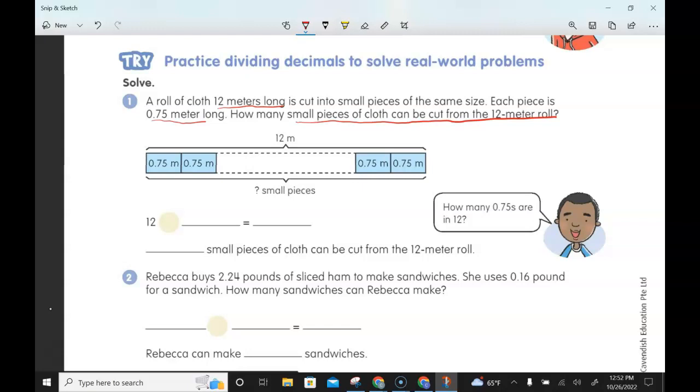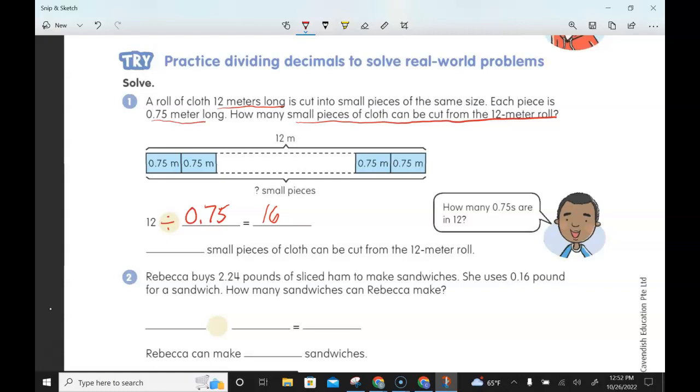So what we're going to do now is we're going to take 12 and we're going to divide this by 75 hundredths. And that's going to equal 16. Now it is important whenever you're doing these types of problems that you divide the correct way.